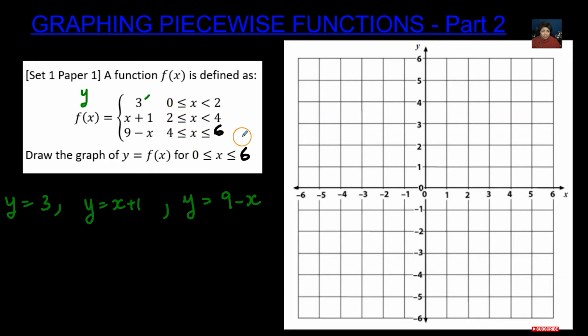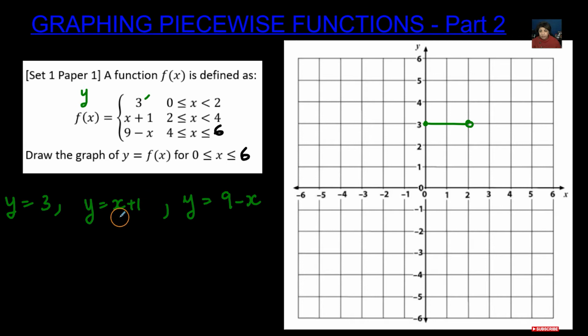So at x equal to 0, we go up here, and at 3, because there's an equal sign, we have to draw a solid circle, and it goes up to 2, but 2 itself is not included, so we're going to draw an empty circle or a white circle. So we go up here and draw x equals 2 here and draw a line, and that's our first line drawn.